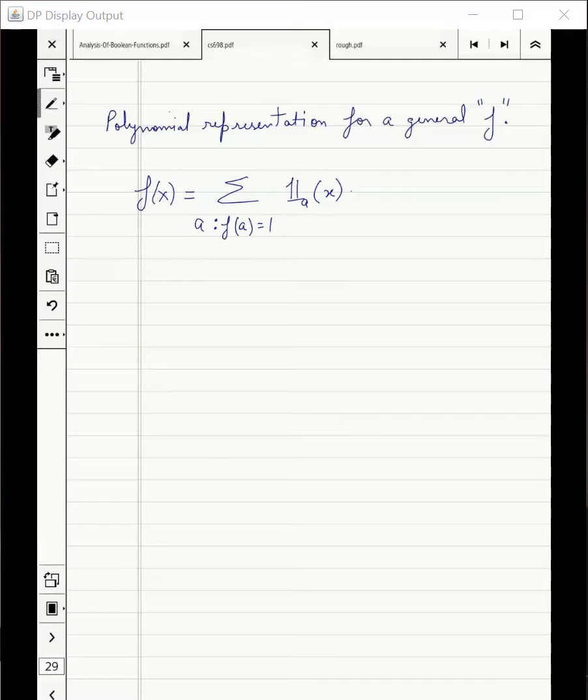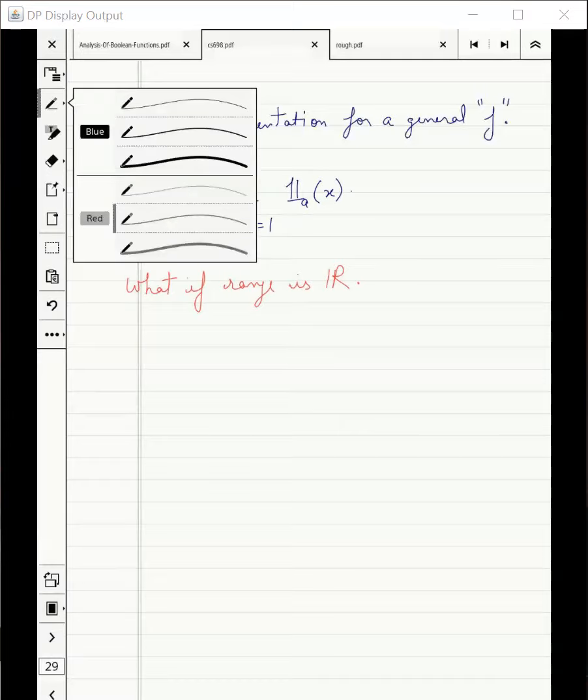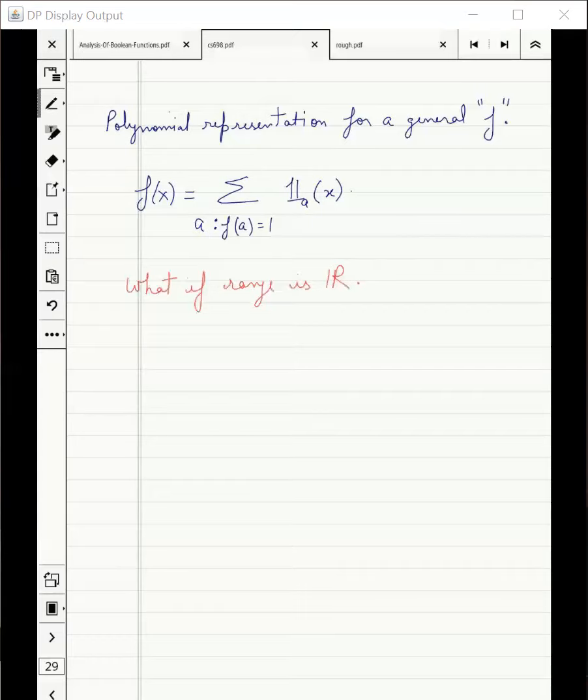We want to generalize this, whenever the function is taking even real values. That will be useful later. Then multiply each of those indicator functions by f of a. Very good. That is also not very difficult. We will generalize the theory without much complication. We will just multiply by f(a).